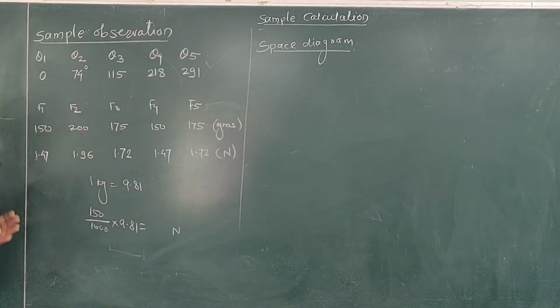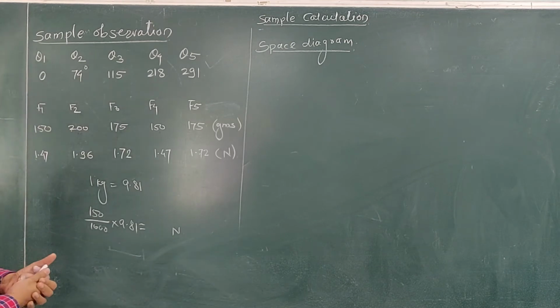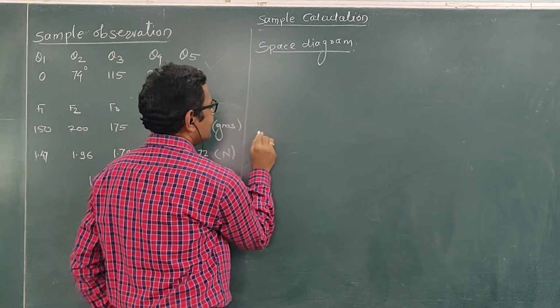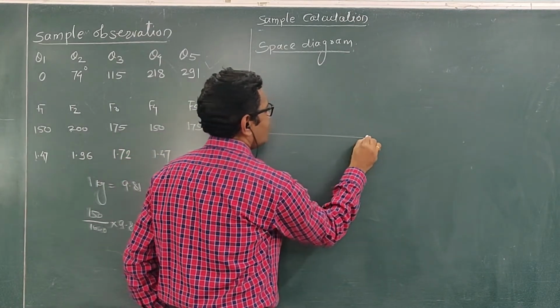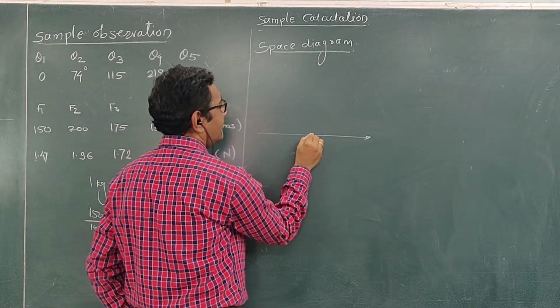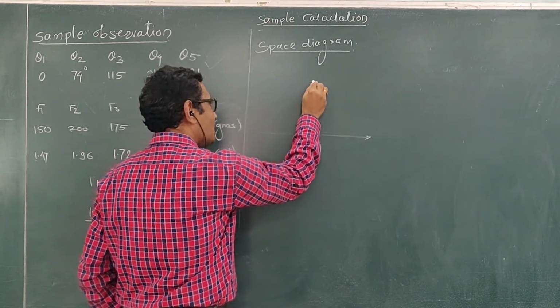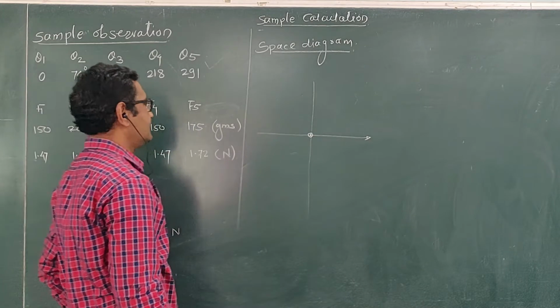So with the readings we have taken for this force system, we are going to construct the space diagram. Let's consider this is our reference line on the x-axis, or 0 degrees, and here is the ring. Here we are going to show all the forces acting on this ring. This is the y-axis.